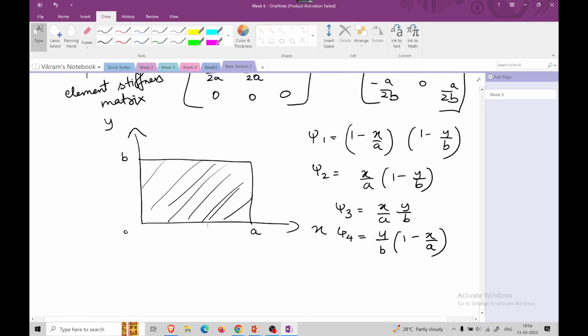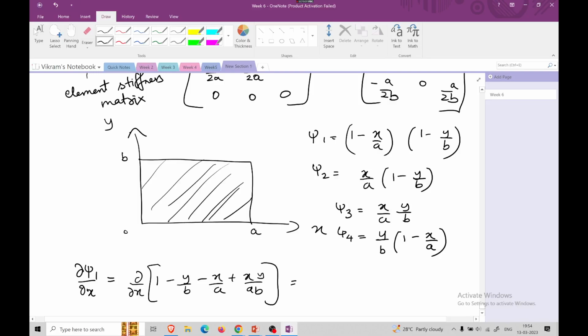So you can simply calculate what is d psi 1 by dx, d psi 1 by dy, d psi 2 by dx, d psi 2 by dy, d psi 3 by dx, d psi 3 by dy, and keep calculating. Quickly I will do that. d psi 1 by dx: first expand it, 1 minus y by b minus x by a plus xy by ab.